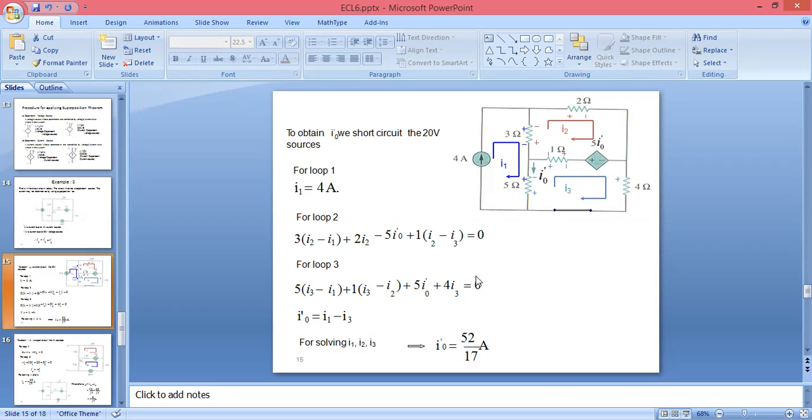We will get these equations after solving KCL for this loop.